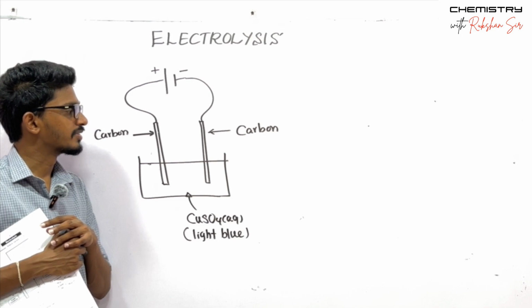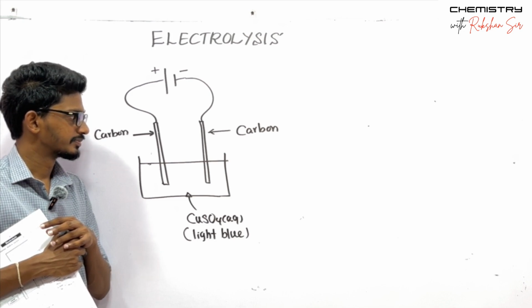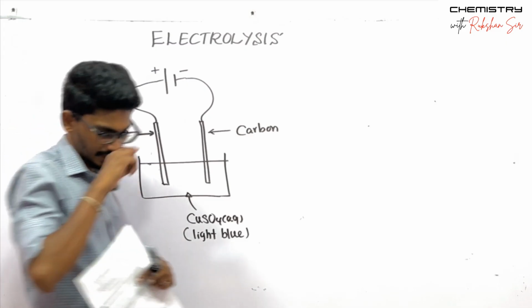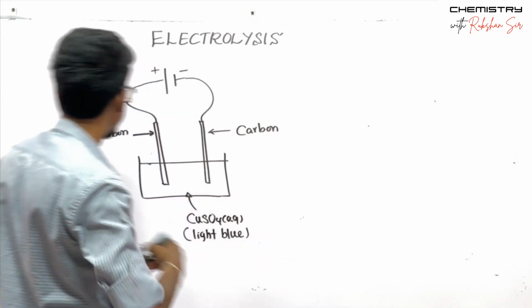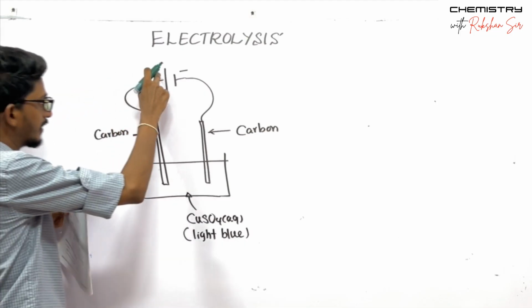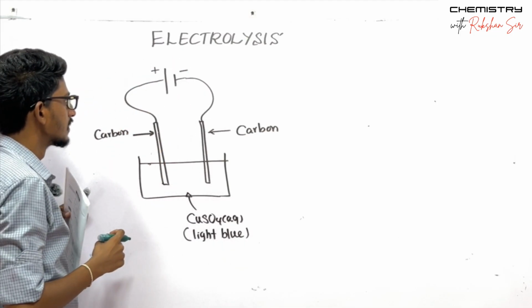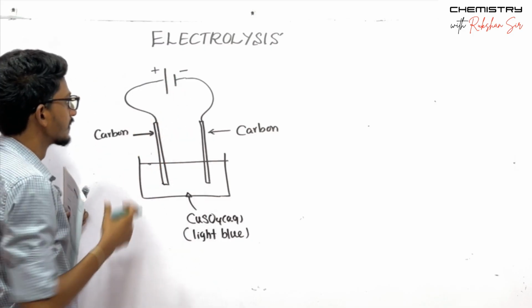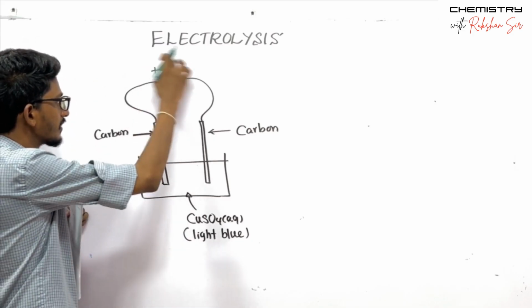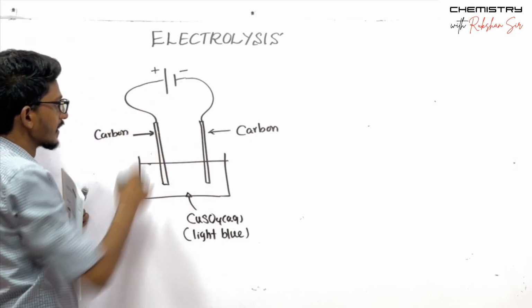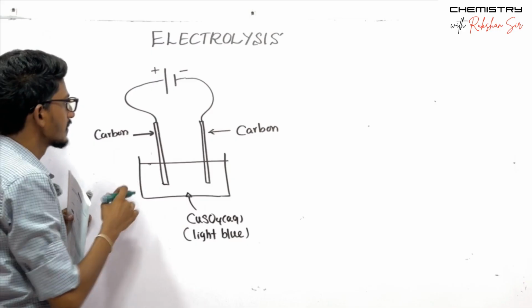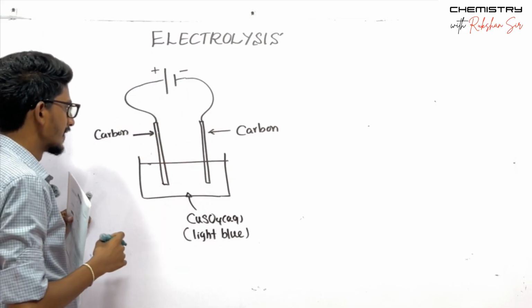So what happens here? This is the power source. According to this, the electron flow happens.